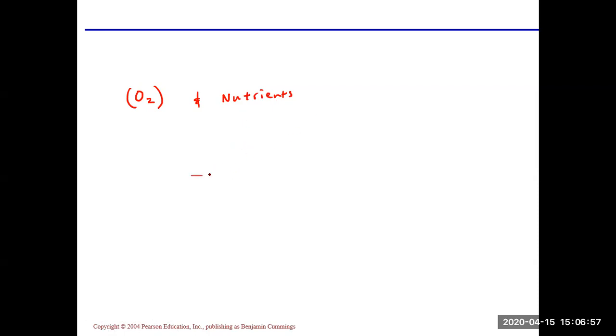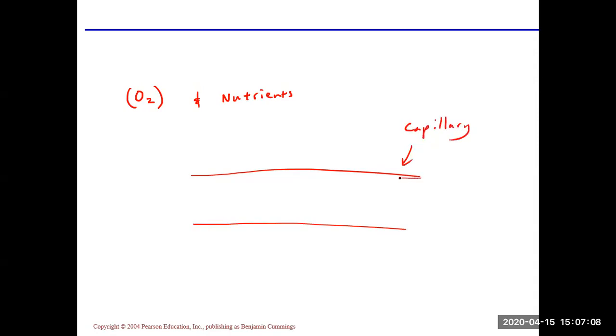We will look at them later, but one type of blood vessel is called a capillary. Capillaries have a very thin wall made out of simple squamous epithelial cells. So here is the wall of the capillary. Nutrients, oxygen, things in that nature, can pass through.